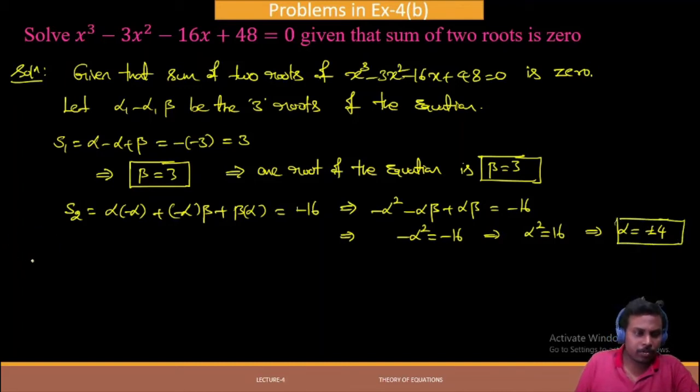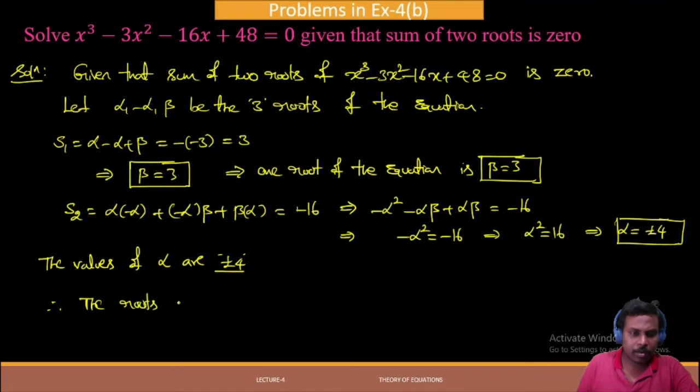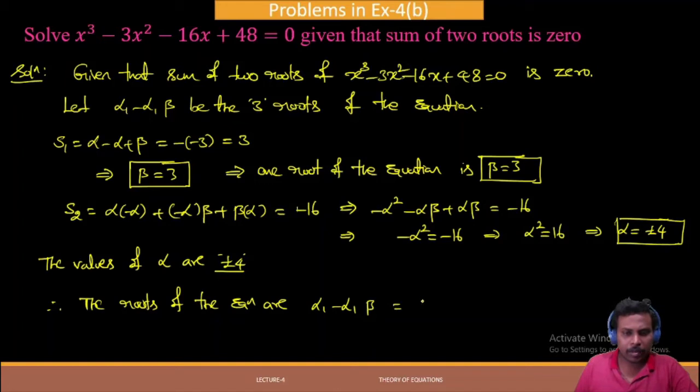Okay, so the values of alpha are plus or minus 4. Therefore, the roots of the equation are alpha, minus alpha, beta, that is equal to 4, minus 4, 3 if your alpha is equal to 4.